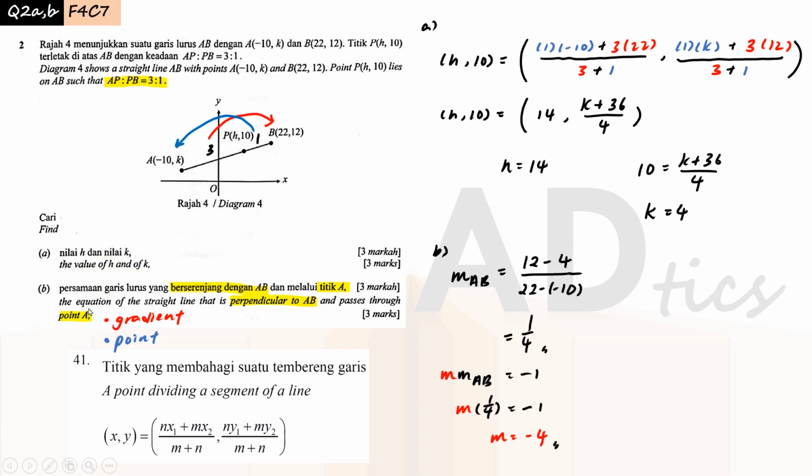We can use point A because the line passes through point A, so we can use -10 and 4 here. Then we can use y equals mx plus c to help us find the y-intercept. With the point and the gradient substituted in, we find the value of c, and then we can form our equation of the straight line. So our gradient here is -4, and the y-intercept is -36.